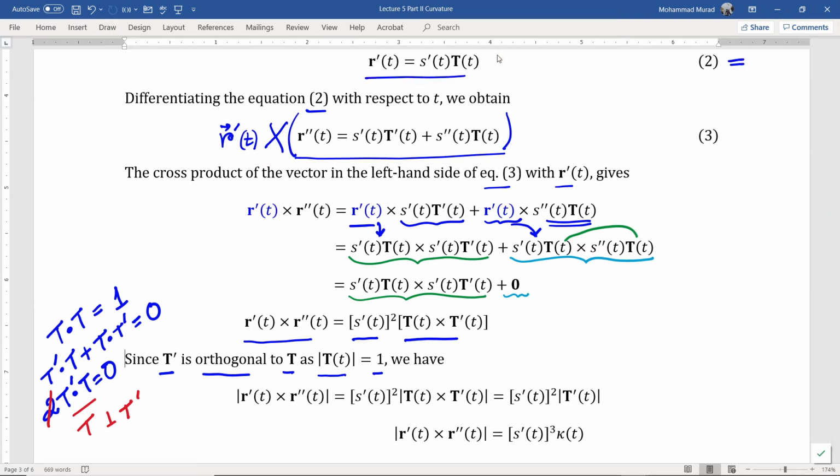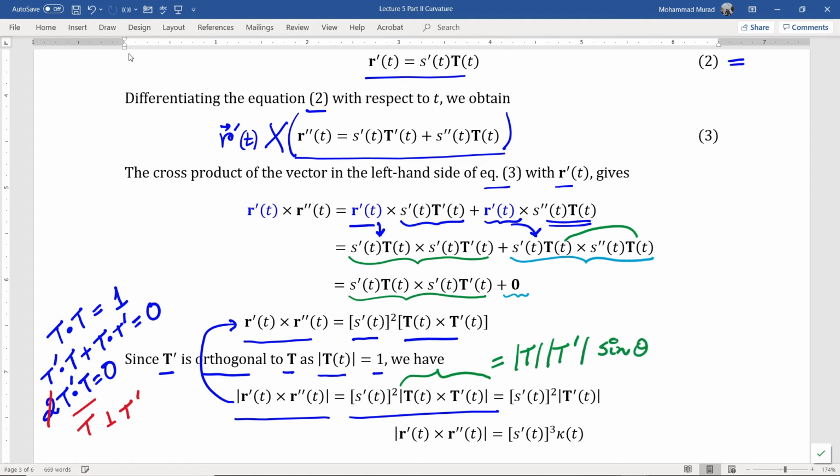Therefore, the magnitude of the vector in the left-hand side of the previous equation is the magnitude of the vector in the right-hand side. But the magnitude of a cross product of two vectors is equal to the product of their magnitudes times the sine of the angle between them.